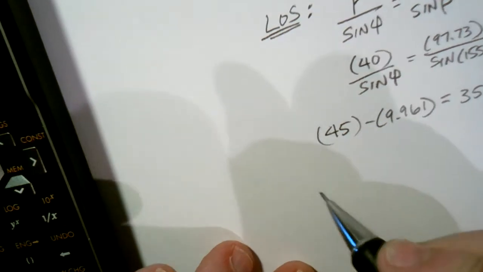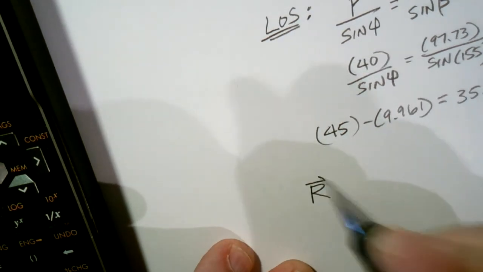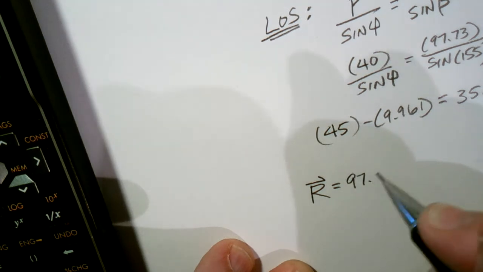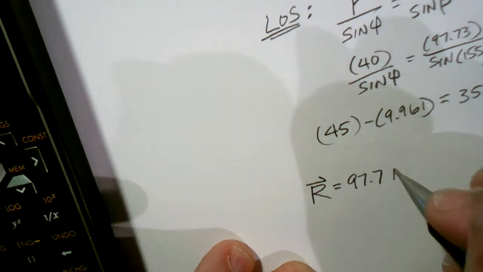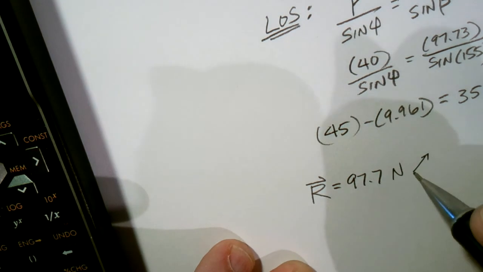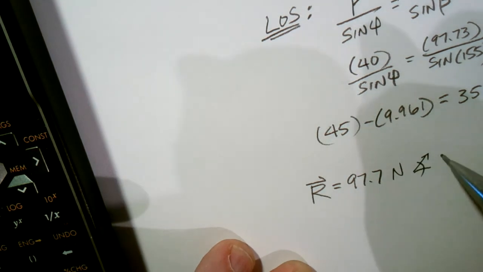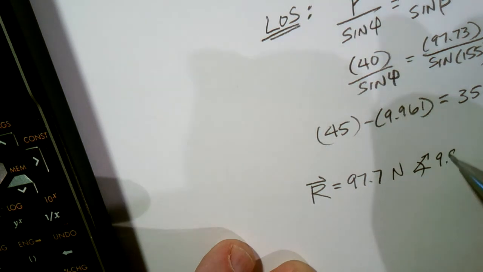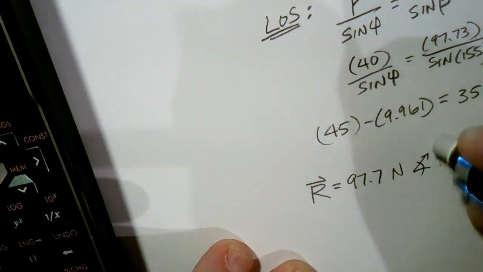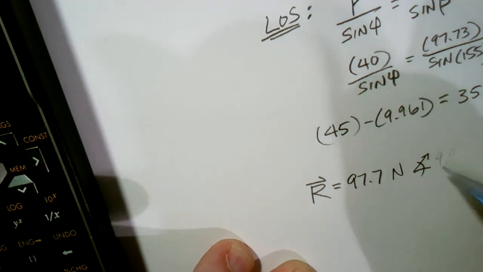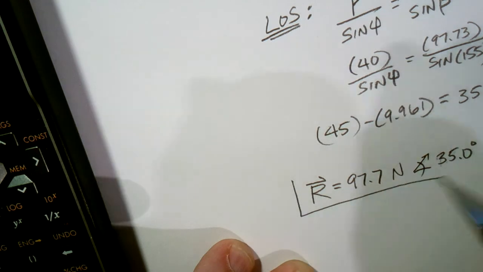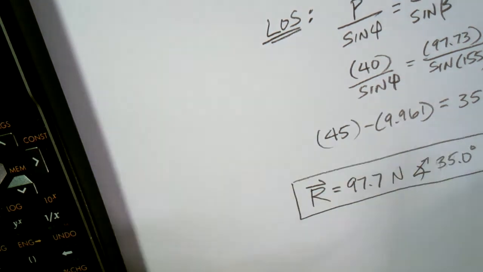So the answer, I always want to write the answer at the very end, is going to be equal to 97.7 newtons at 35.0 degrees. And then I want to box it. So I box my answer.